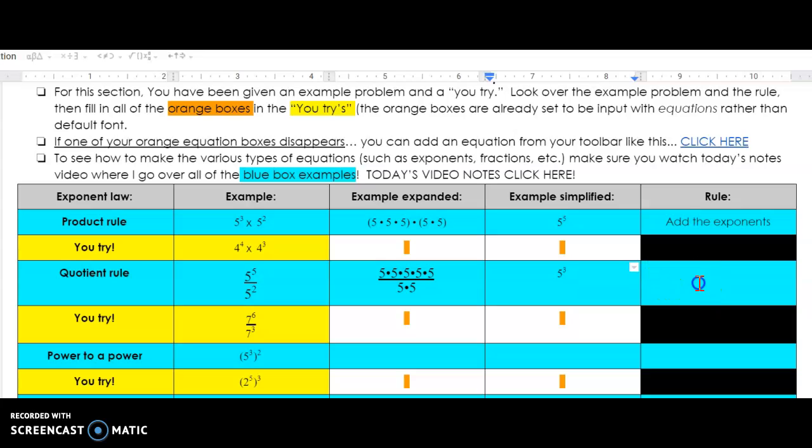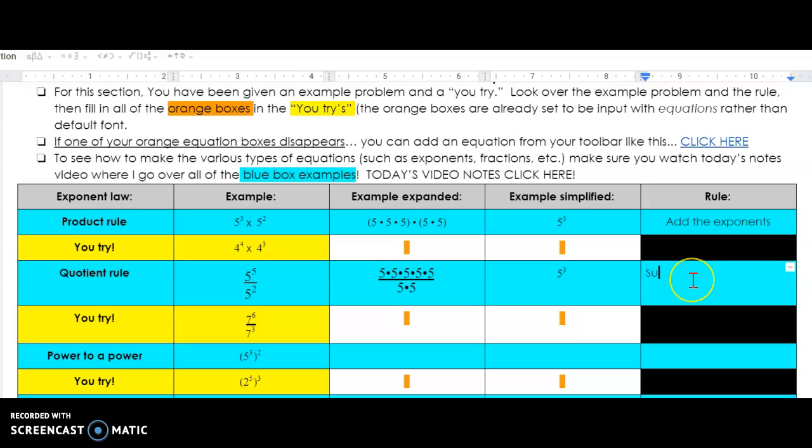We subtract, okay? So the rule here is to subtract the exponents. This is really important, because you can end up with a negative. I'm wording that incorrectly.